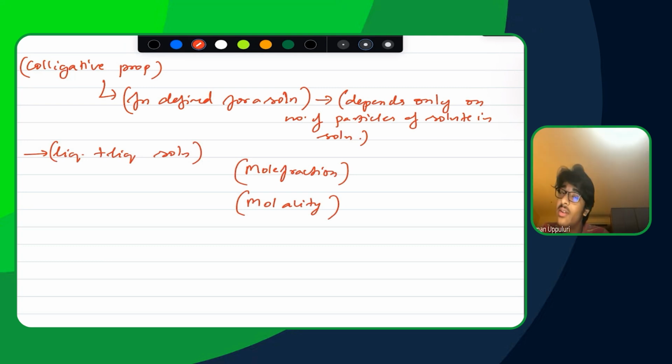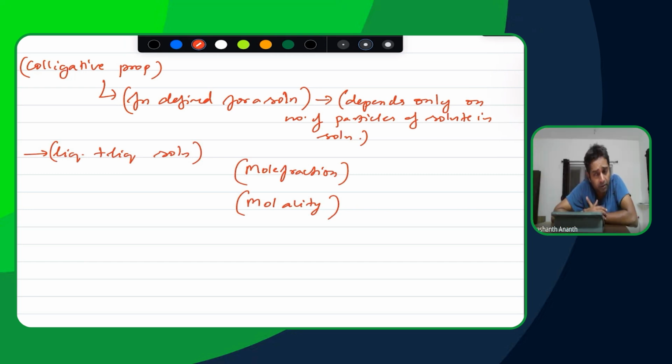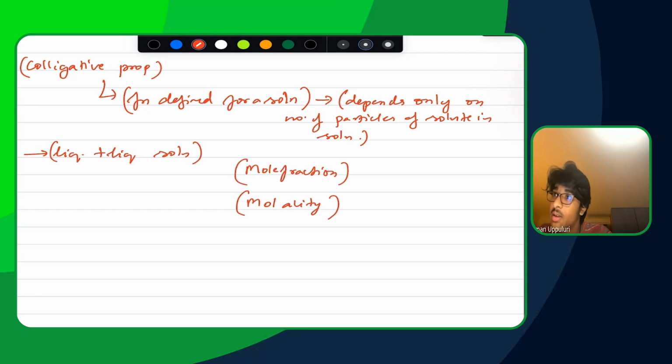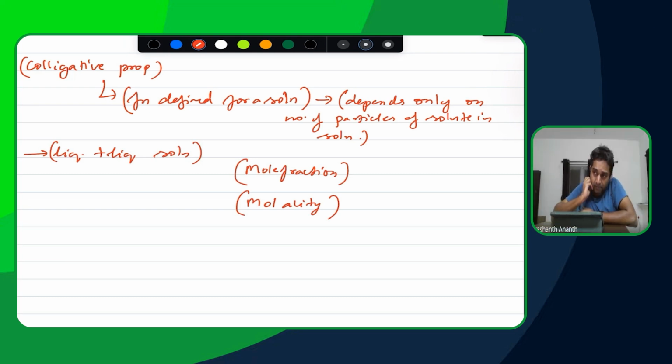Sir, how common is the Solutions chapter in Mains and Advanced? In Mains, there will definitely be one question. In Advanced, usually there will be a question. Sometimes they combine it with another chapter, which makes the question trickier.